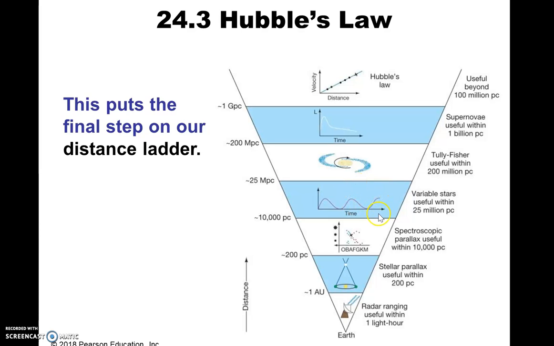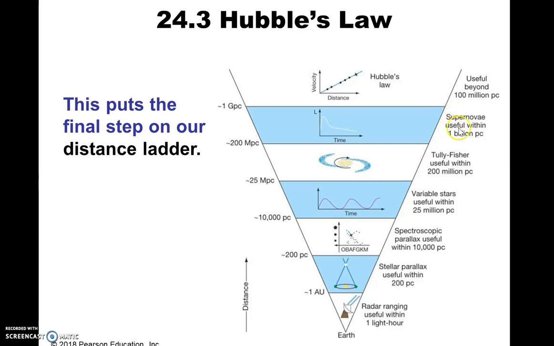Anyhow, if we can use Cepheid variables on close by spiral galaxies such as Andromeda, and we can also use the Tully-Fisher method on those close by galaxies, that gives us confidence that for the more distant galaxies where you can't see Cepheid variables, this Tully-Fisher method works. All right, so again, overlap.